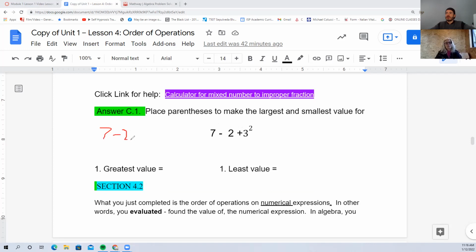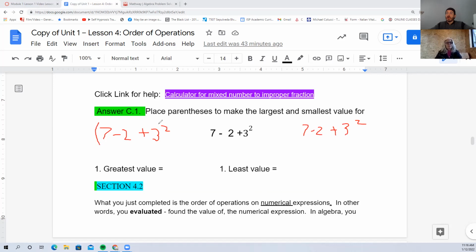Correct me if I'm wrong, I think that there are 3 places we could potentially put these parentheses. So let's list them all, and then we'll figure out which one makes the largest and which one makes the smallest.